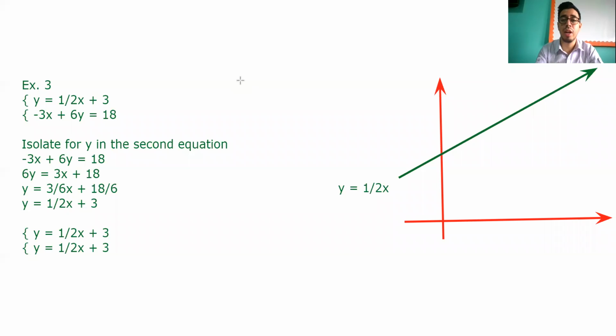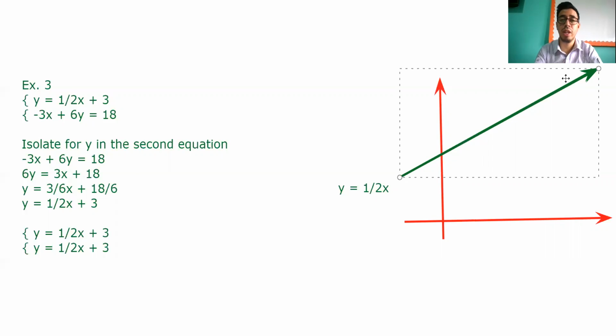Even if I graph again, you are going to have this completely on the other one. Can you see it? So one graph is going to touch the other one in all the points. So we don't have only one solution. We have many points where they are touching, so we have many solutions.